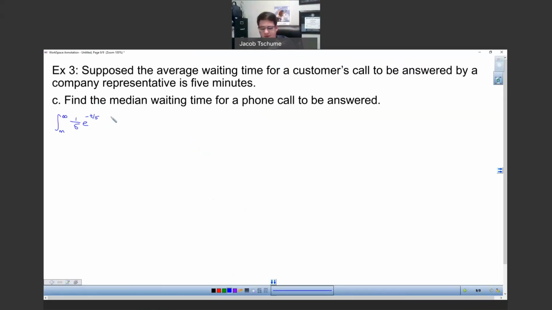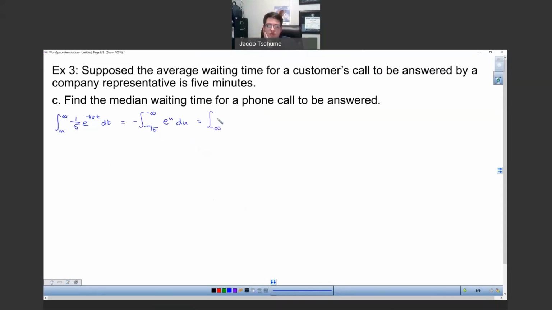Oh, let me write the same I've been writing. Sorry. So negative 1/5 t and then dt. You would use the same exact u sub from the previous problem, which would cause this to be the negative integral of negative m over 5 to the negative infinity of e to the u du. Flip your parameters again.